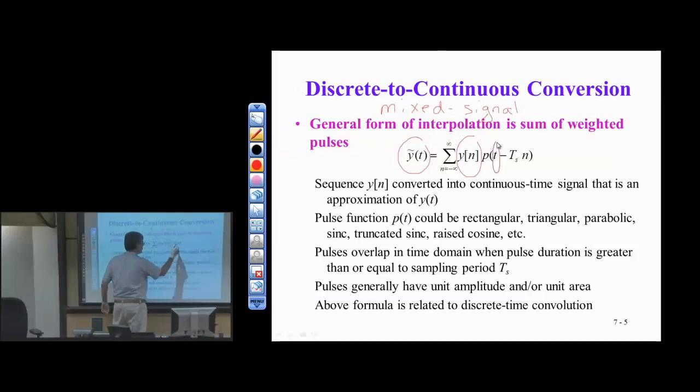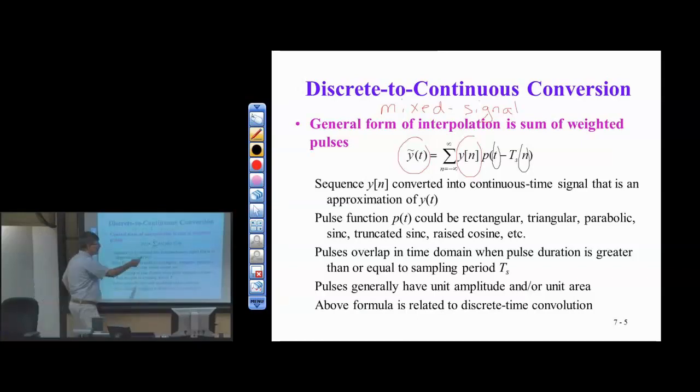So I have both continuous time and discrete time variables in the same operation. Now, this is how I go. This is a linear system view of how I go from discrete time to continuous time. I can take the same view and go from discrete time to discrete time. So I can use the same view to interpolate in discrete time.